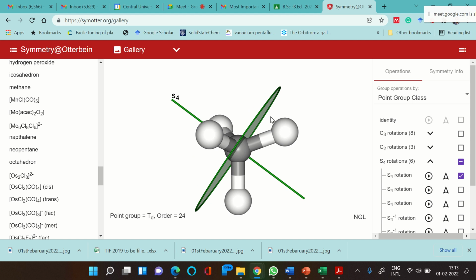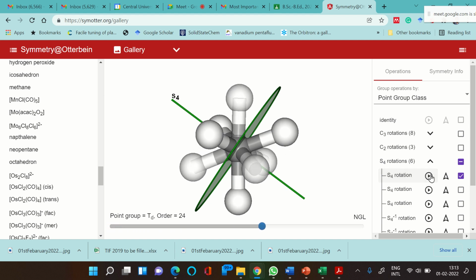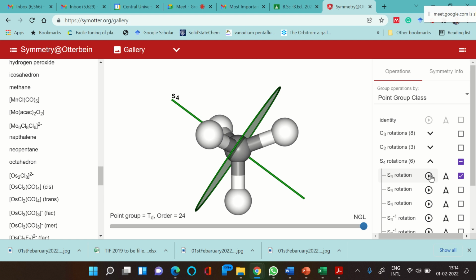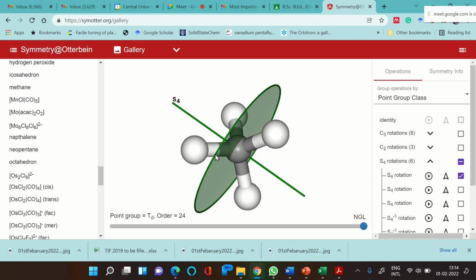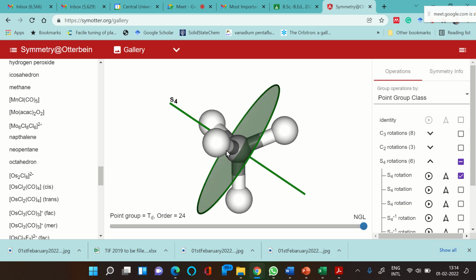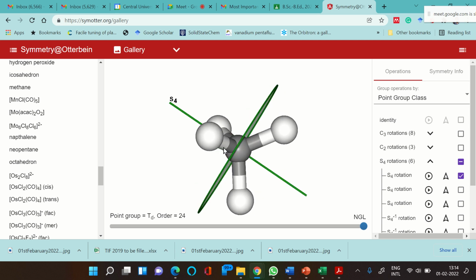This is an operation which is there. So these are the two things that you need to understand.